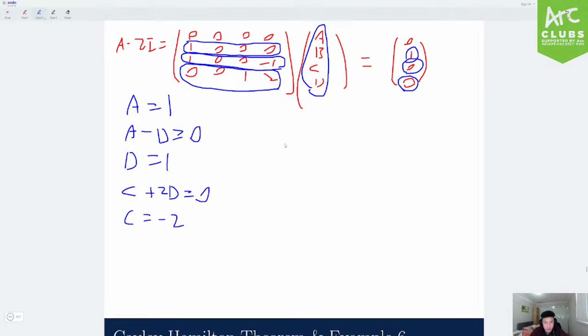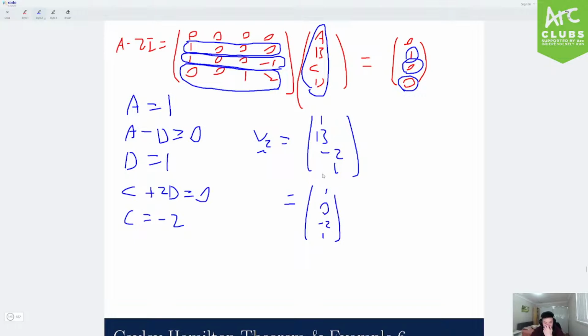That tells us that our vector v2 is going to equal 1, b, what is c, minus 2, and 1. And b, we can actually just let be any number. It doesn't matter because it has no effect on our last result. So just let b equal 0.